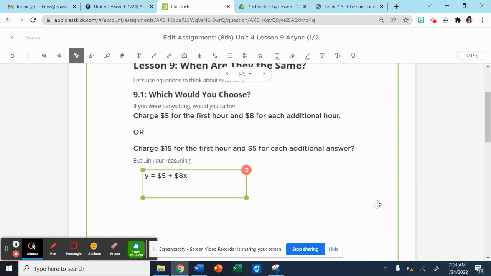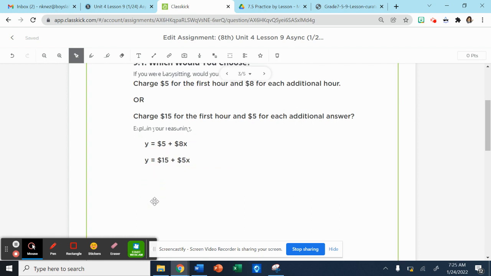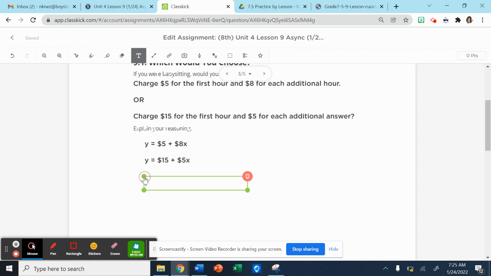In the second situation, you're charging $15 for the first hour, but you're only charging $5 for each additional hour. And so one thing to think about is what happens for a given number of additional hours. So for example, let's say that you work 2 additional hours. In the first situation, you're going to end up charging $5 for the first hour plus 8 times 2.